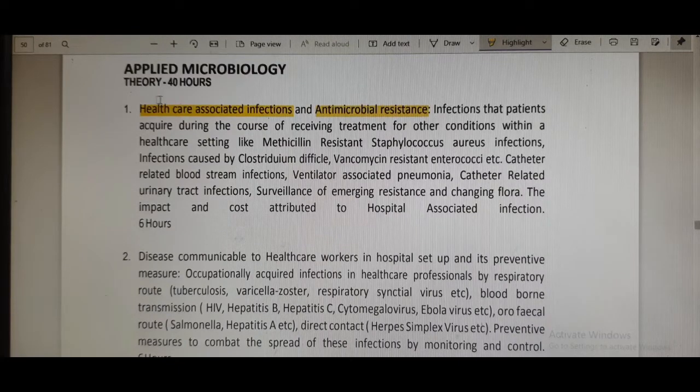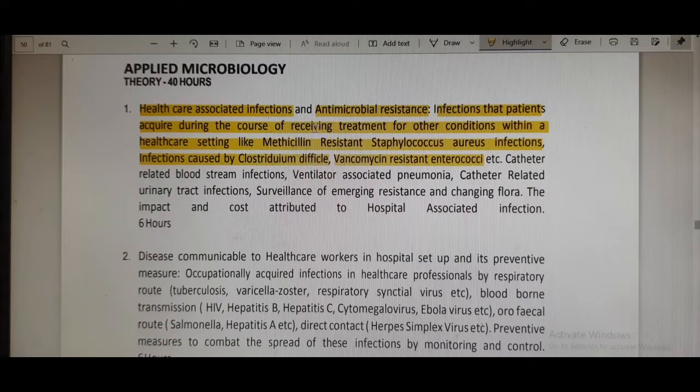So firstly, healthcare associated infection includes infections that patients acquire during the course of receiving treatment for other conditions within a healthcare setting, like methicillin resistant Staphylococcus aureus infection, infections caused by Clostridium difficile, vancomycin resistant enterococci, etc.